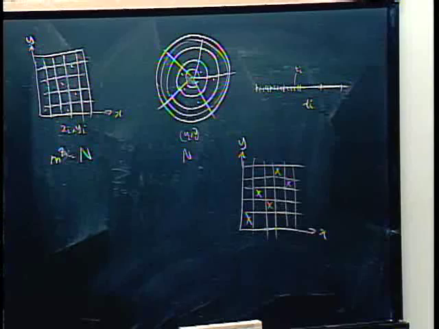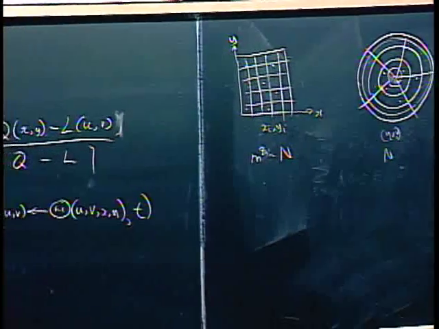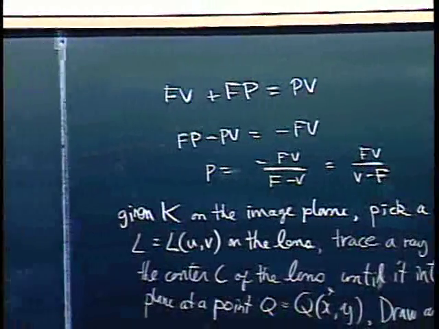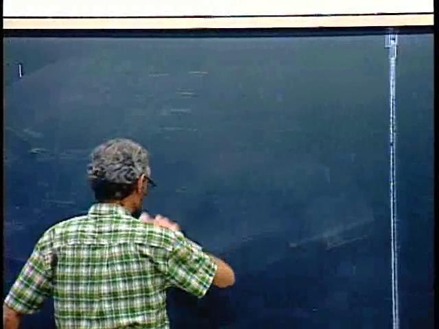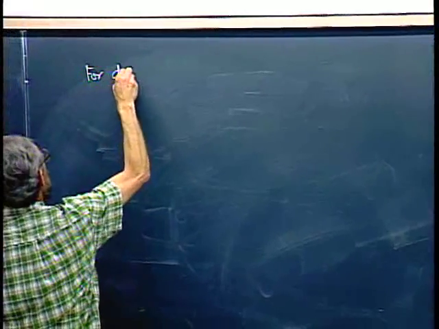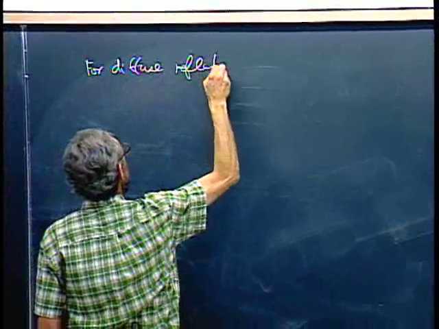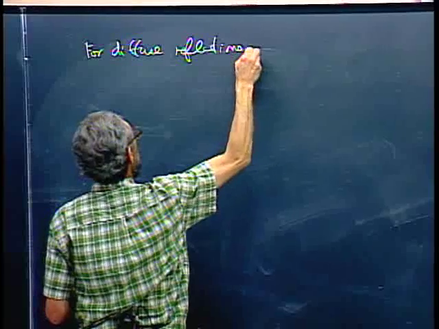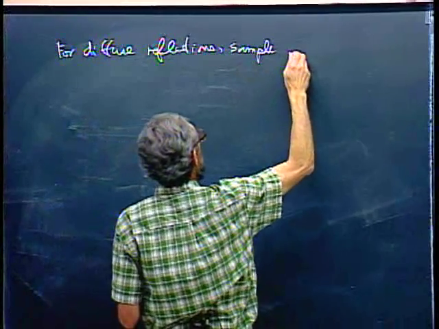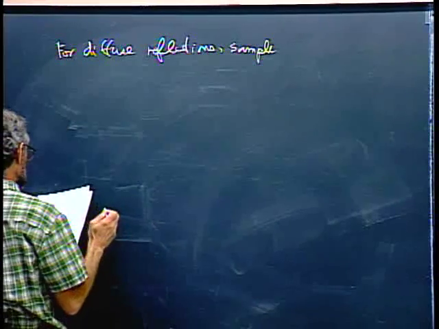Okay, so what about diffuse reflections? Well, we talked about that last time, right? For diffuse reflections, sample by weighting by the cosine theta.